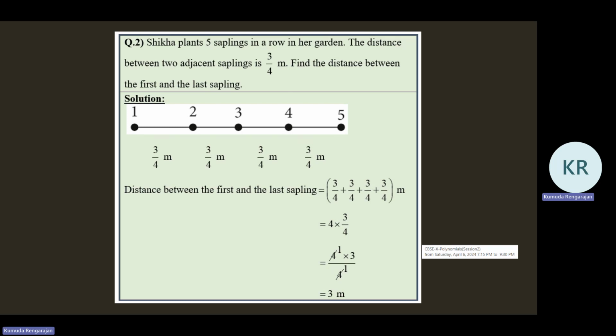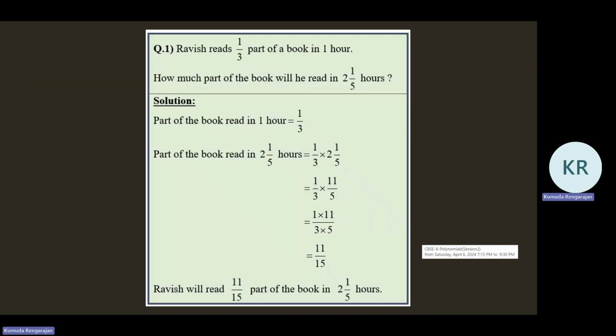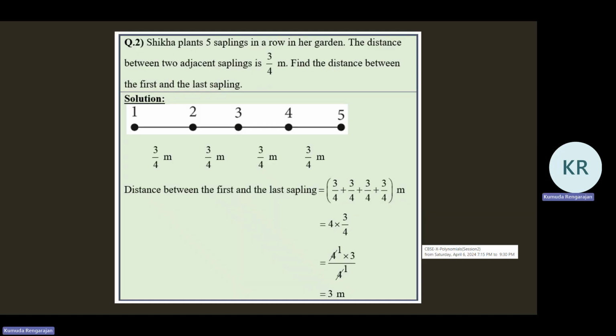Aren't you writing down the correct answers? What about the earlier one? This one? You got this right.